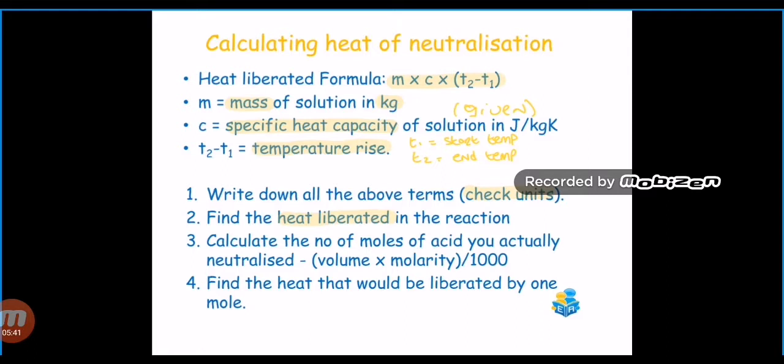Then you need to calculate the number of moles of acid that you actually neutralized using the volume by molarity divided by 1000, and then find the heat that would be liberated by 1 mole, because this heat liberated formula will only be for the number of moles of acid you actually neutralized that you'll have gotten from step 3. So you'll need to find how much is liberated by 1 mole then in step 4 to find the heat of neutralization, because heat of neutralization is linked with 1 mole if you check your definition.